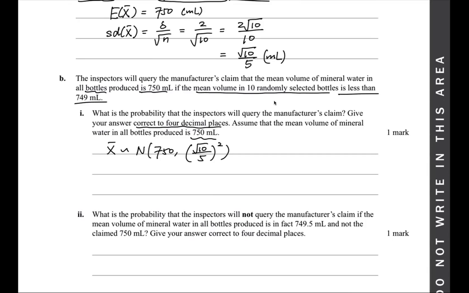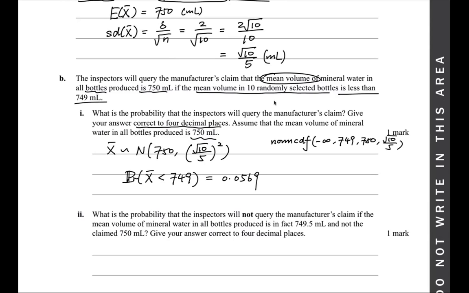The variance is this squared. So we want X bar, the average volume, less than 749, okay? You can use your CAS calculator with norm CDF: minus infinity, 749, 750, and root 10 divided by 5, okay? So the answer is 0.0569, correct to 4 decimal places.